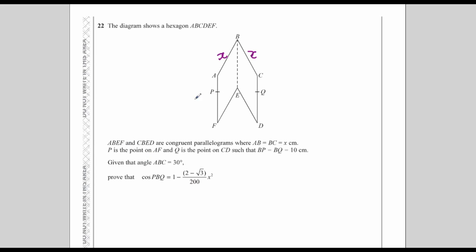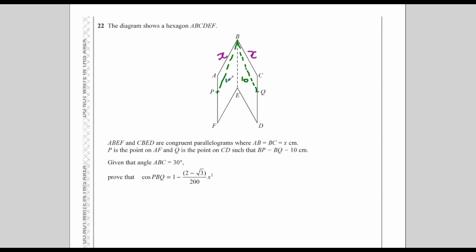P is the point on AF, so A to F, and Q is the point on C to D, here's Q, such that BP, so B to P, here, and BQ, here, are 10 centimeters.